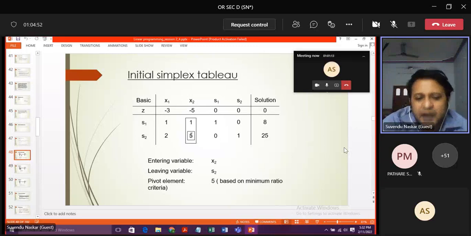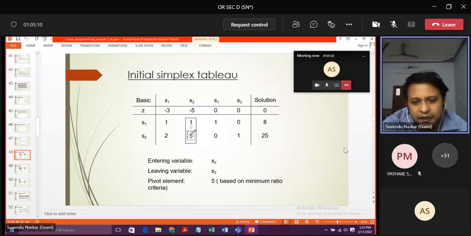What I will do now is a matrix algebra to ensure that after the end of the first iteration, in this column everything else is 0 except this tuple. Okay, I'll repeat.